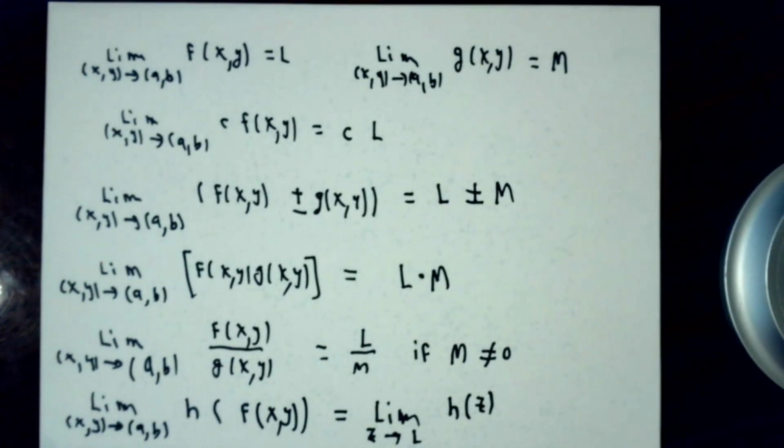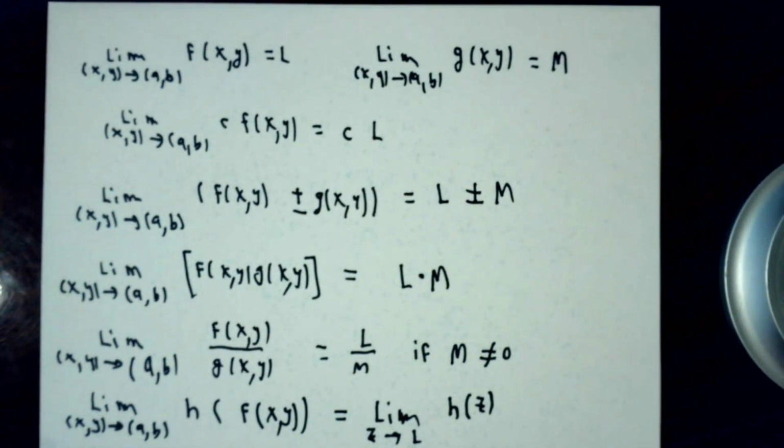Of course! If h is an ordinary Calc 1 type function, then the limit as (x,y) approaches (a,b) of h evaluated at f of x and y is the same as the limit as z approaches L of h evaluated at z.